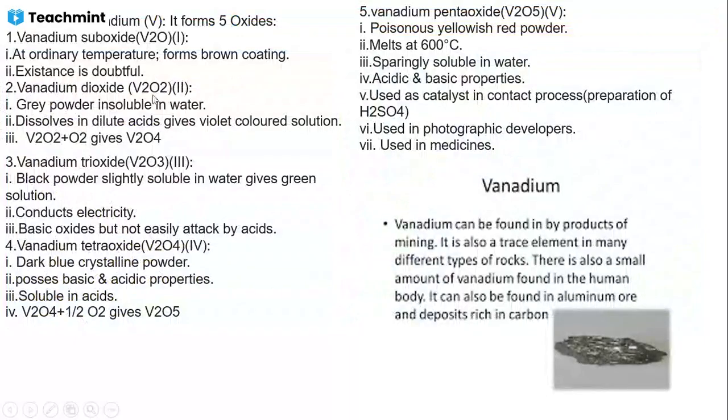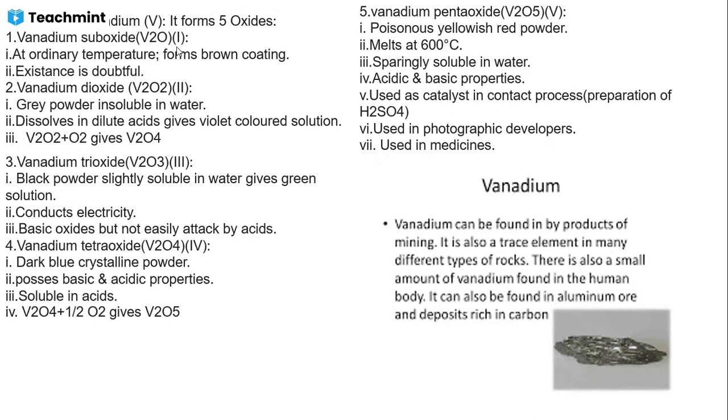Then oxides of vanadium. There are five oxides of vanadium: V2O, then V2O2, then V2O3 in the +3 oxidation state, V2O4 in the +4, and V2O5 in the +5 state. The first one, V2O, is in the +1 oxidation state.